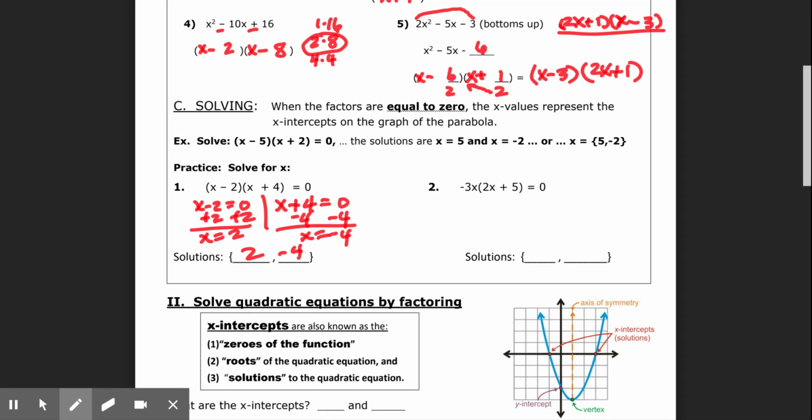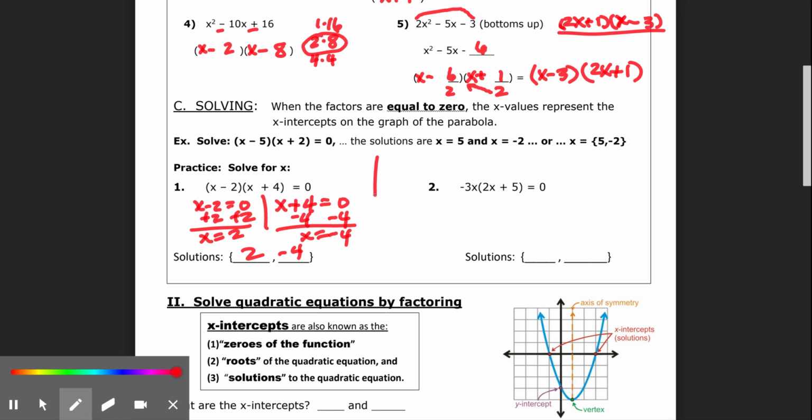So it just means that if we were to put the x minus 2 and x plus 4 into a graph and graph this parabola, it would look something like this. Let's see, maybe I should have drawn the XY axis first.